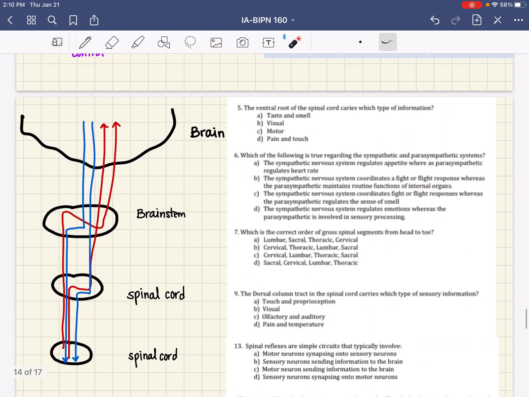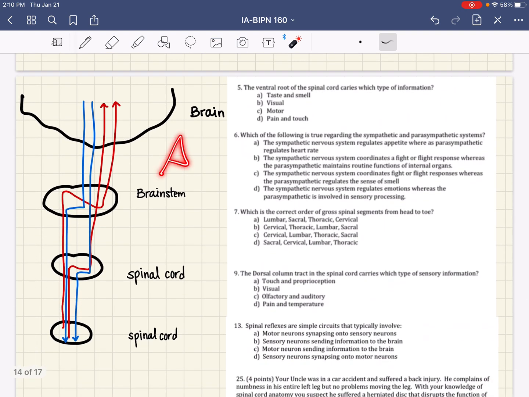So over here, I did my best to draw out the two different pathways so that you can have a visual, and maybe this can help you, but I'll go over it. So this is supposed to be a part of the spinal cord, and so is this. Then this is the brainstem, and then a wrinkly brain.